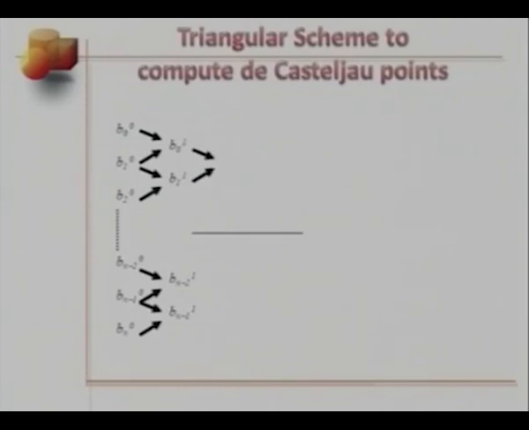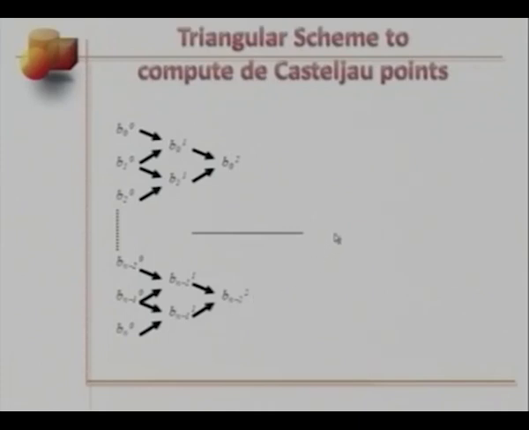For example, we combine b_0^1 and b_1^1 to get, you guessed it right, b_0^2. Likewise, we combine b_{n-2}^1 and b_{n-1}^1 to get, once again, you're right, b_{n-2}^2.